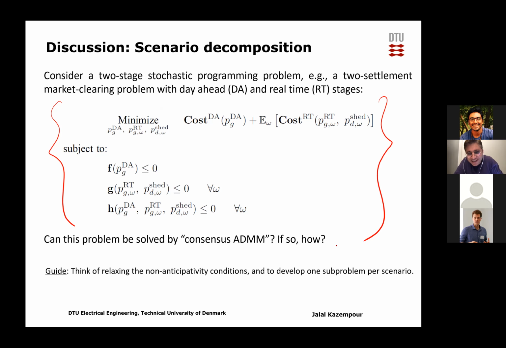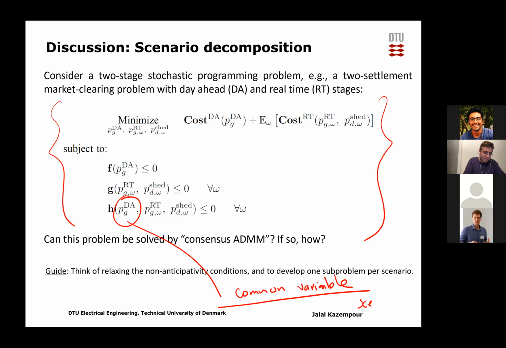Sebastian says PG day ahead, exactly. PG day ahead is the common variable, or complicating variable, whatever you like to call it. Common variable for scenarios. So all scenarios should agree on the value of PG day ahead.